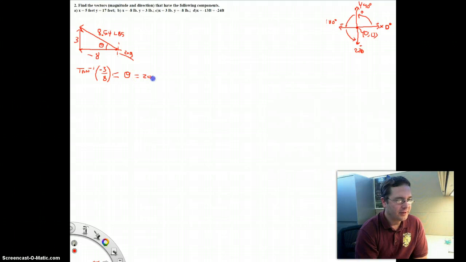Now, keep in mind, that's not the absolute angle of theta, right? Because what we want is the angle from the 0 degree mark. So we want this angle, which is the supplement to that 20 degree angle.